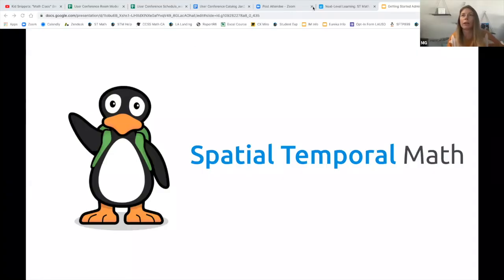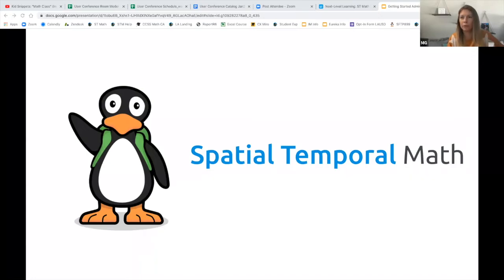Okay, so I was asking y'all, when can you think of a time outside of ST Math where you would use spatial temporal reasoning? So that was kind of the question I had posed. Did anybody think of any good examples? You can drop it in the chat if you think of a good example while I get my screen resituated here.